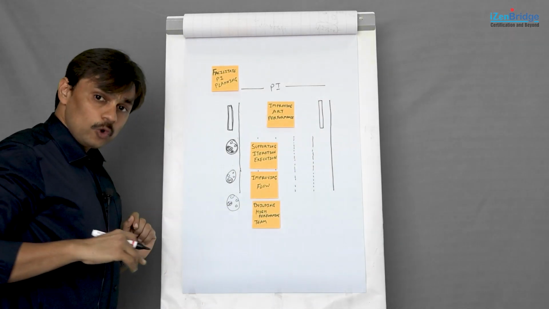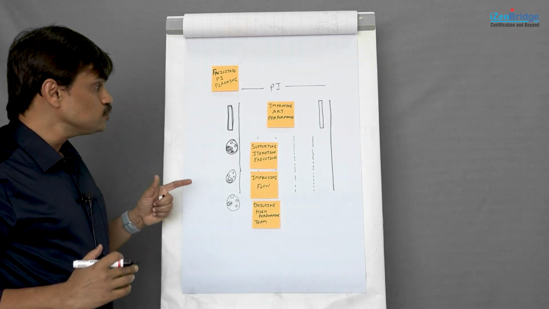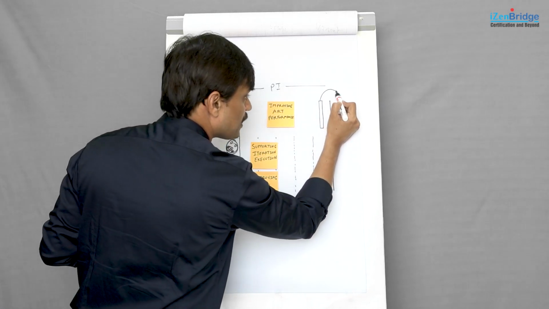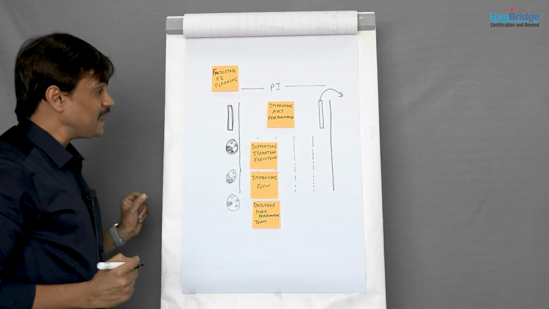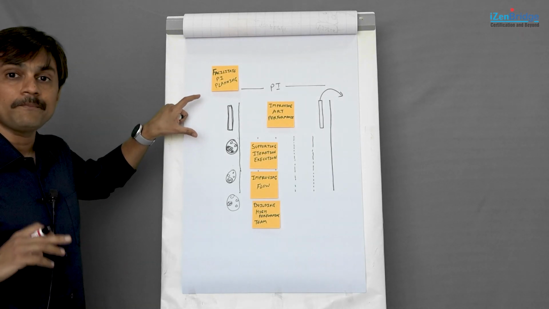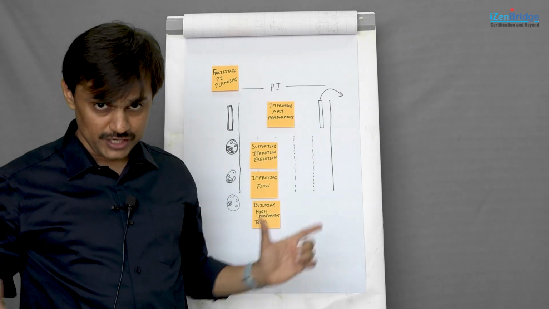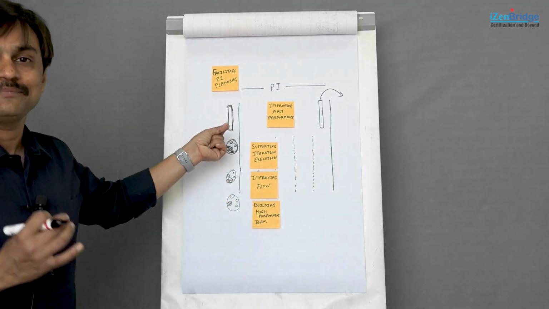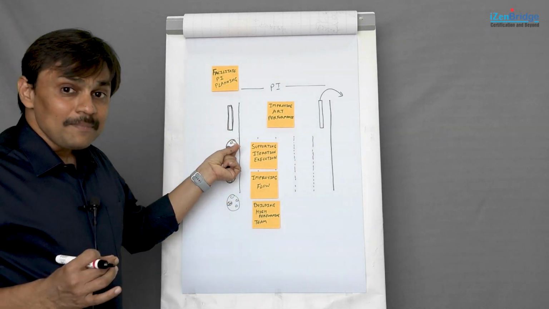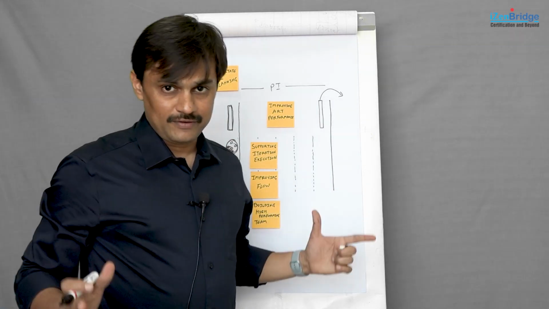Before we close this planning interval, we need to plan for the upcoming planning interval. The meeting where we plan the upcoming planning interval for the full Agile Release Train is called the PI planning meeting. The PI planning meeting is a big event.